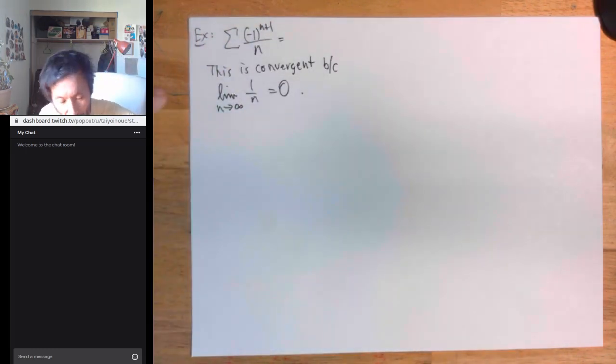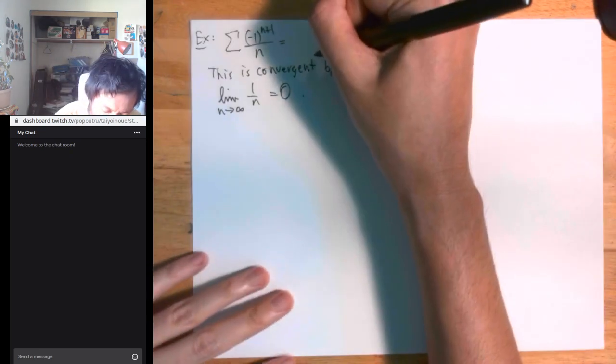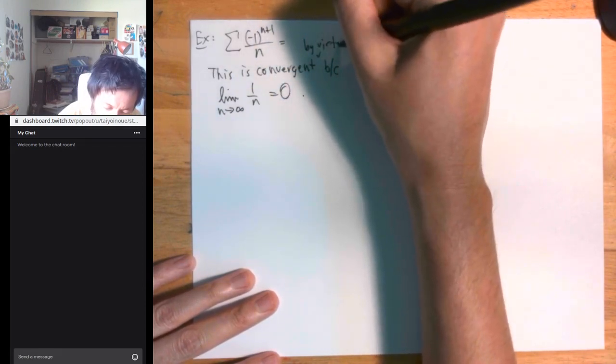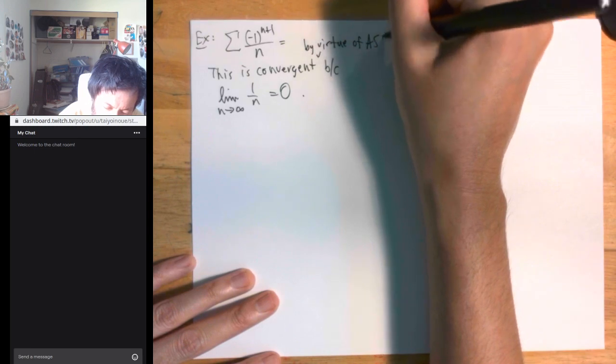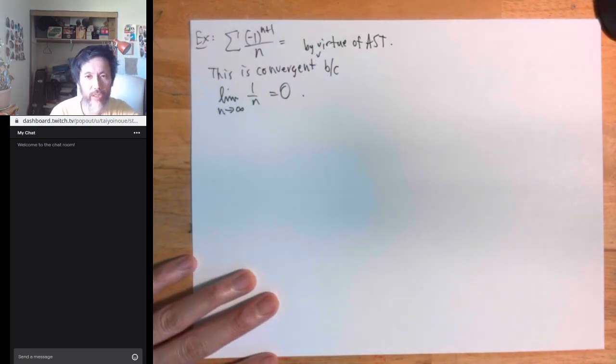That fact, and maybe I'll say it like this: this is convergent by virtue of the AST. It is convergent because the limit as n approaches infinity of 1 over n is equal to 0.